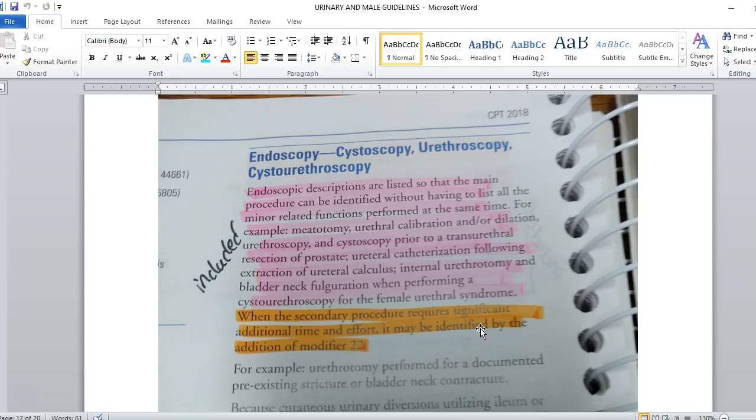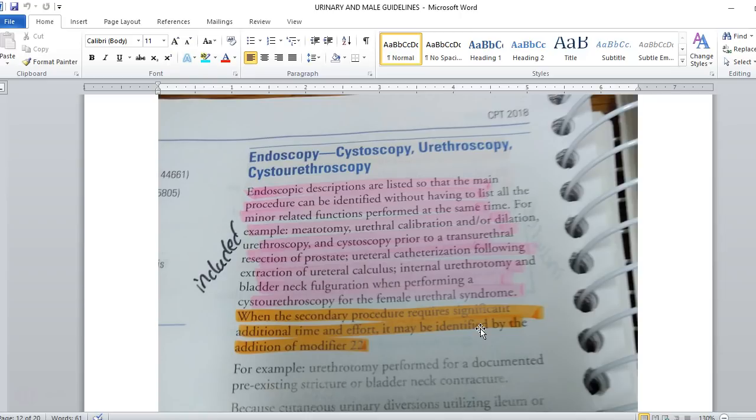Again, for all of these, the diagnostic is included with the surgical, but in this case, they do testing with it as well. Endoscopic descriptions are listed so that the main procedure can be identified without having to list all of the minor related functions performed at the same time.